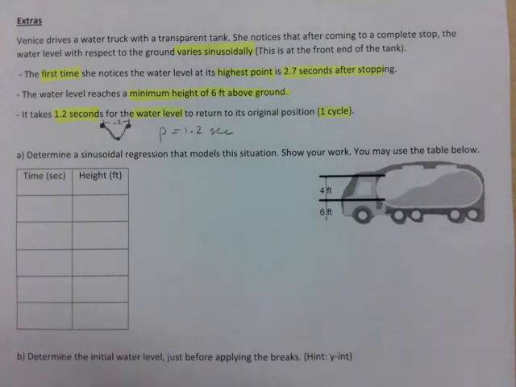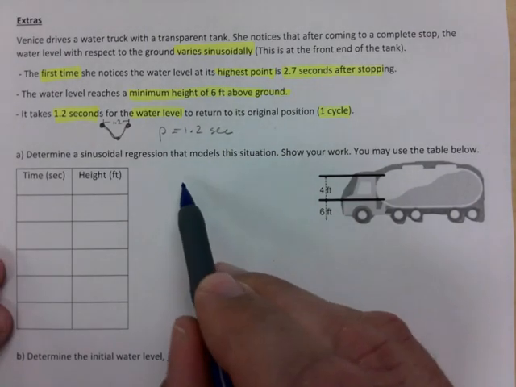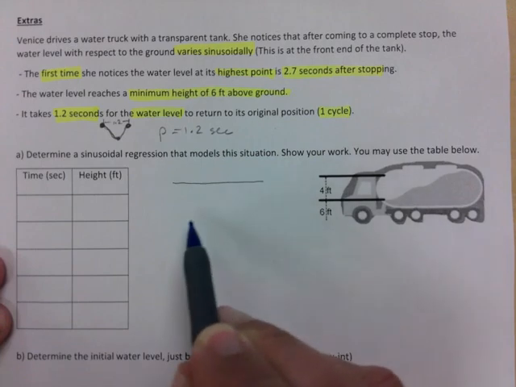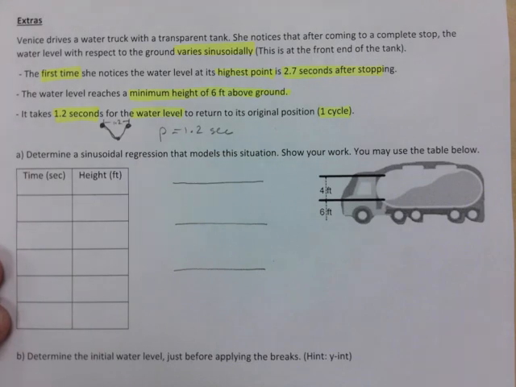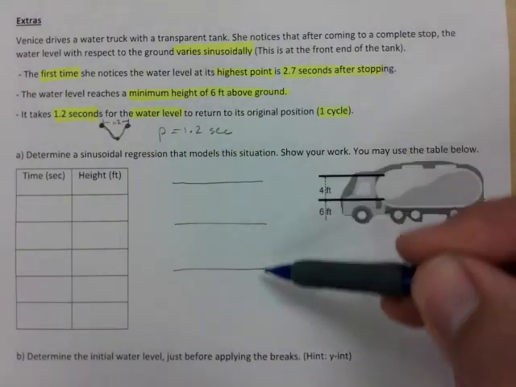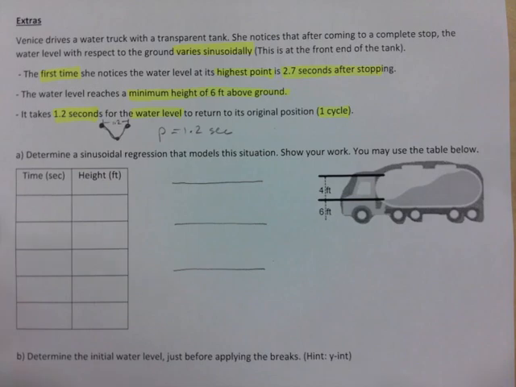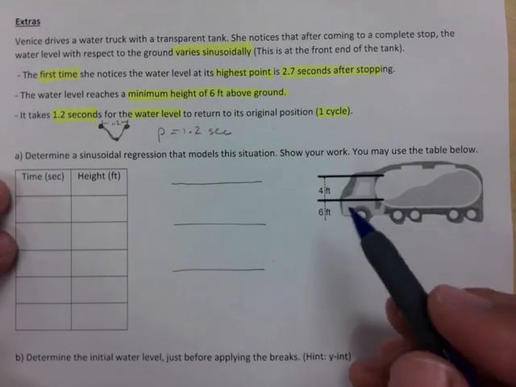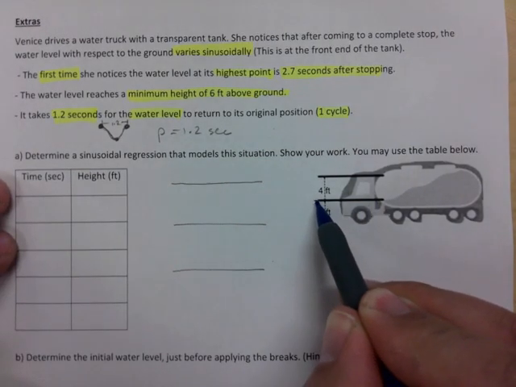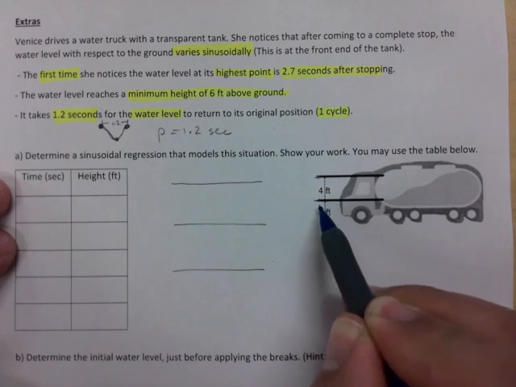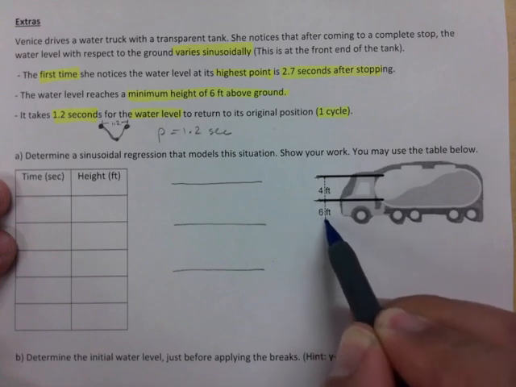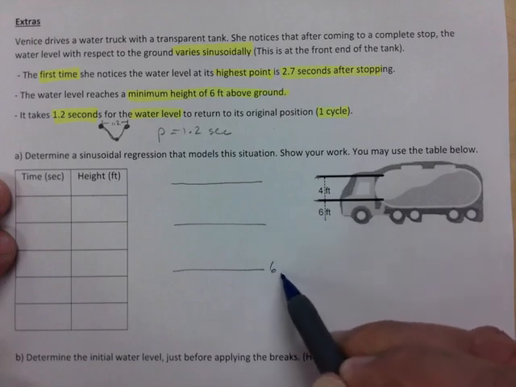So the first thing that I would recommend is come up with your max, your mid, and your min. Come up with these three numbers that go along the y-axis. For me, this is the lowest here. This is the min, and this is the max. So the min would be 6, right? 6 feet off the ground.